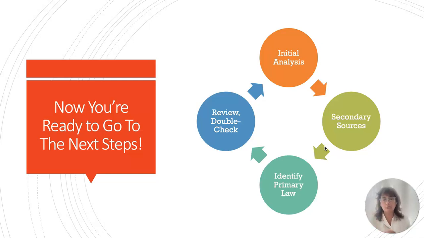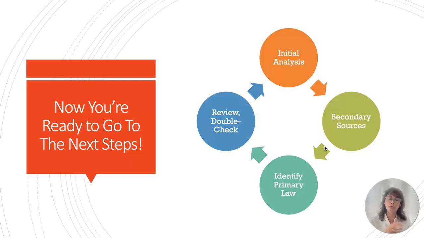And from the secondary sources, then you can start going into your more in-depth primary law research. So looking for all of the required statutes, all of the case law that you need in order to make your argument, etc.